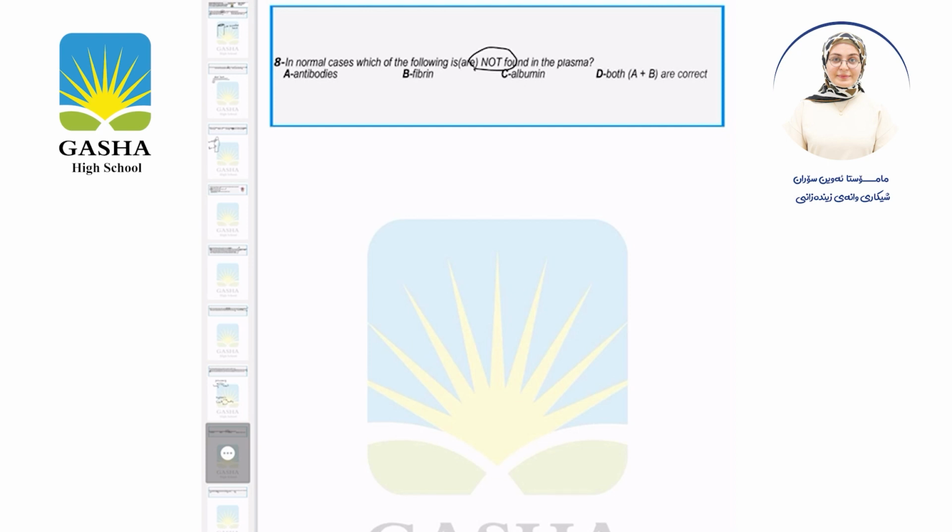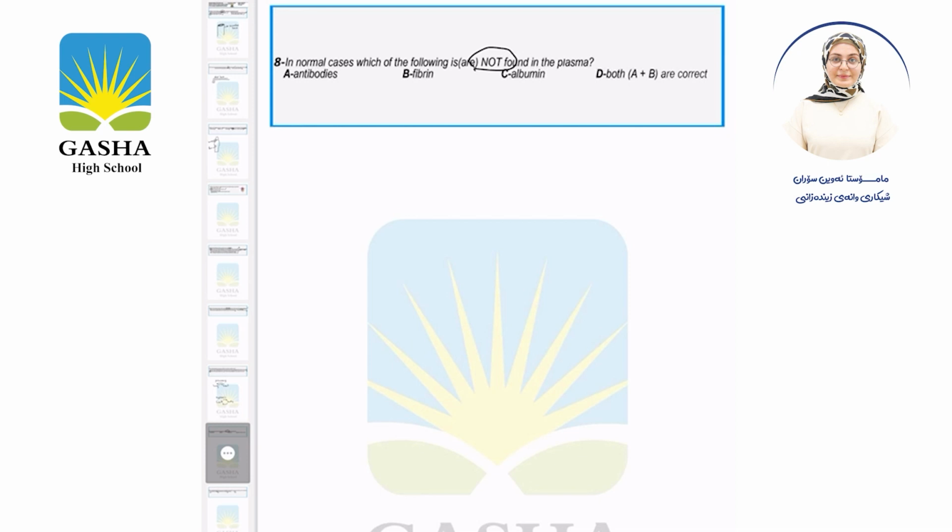So normally, when a person doesn't have any problem, which one is found? A is found all the time in humans, because we get diseases before and we memorize them. We have memory cells which produce antibodies to get ready for any other attack. So all the time we have antibodies in our body.